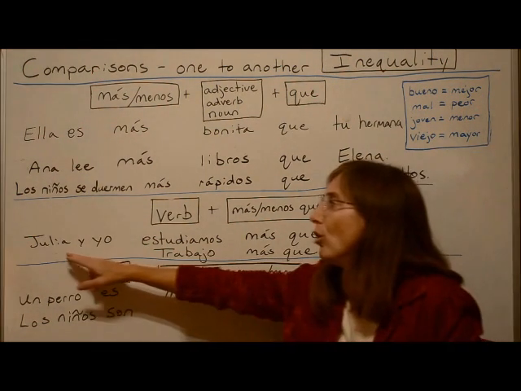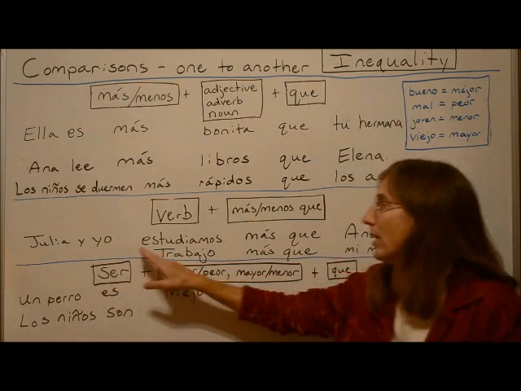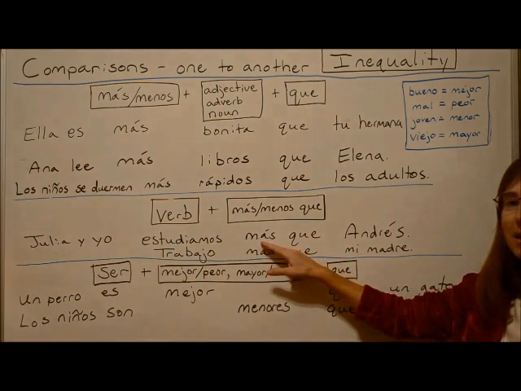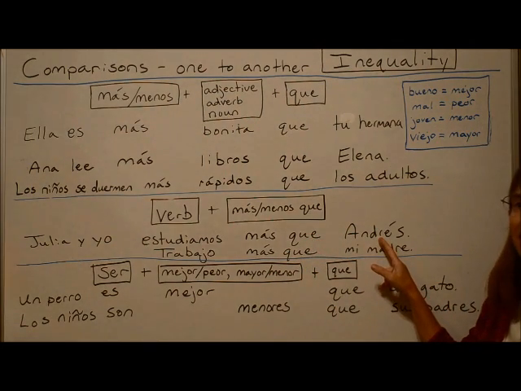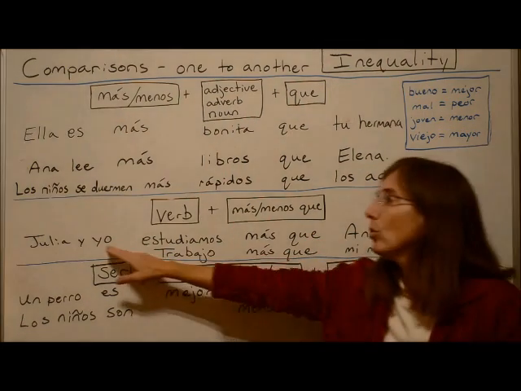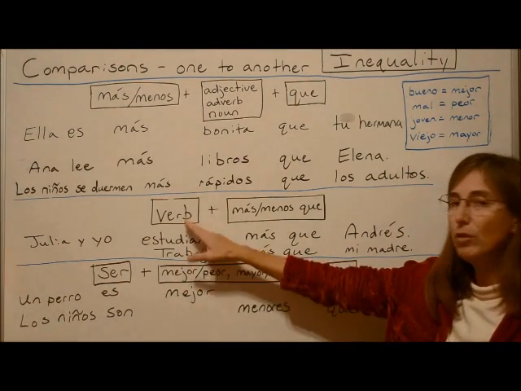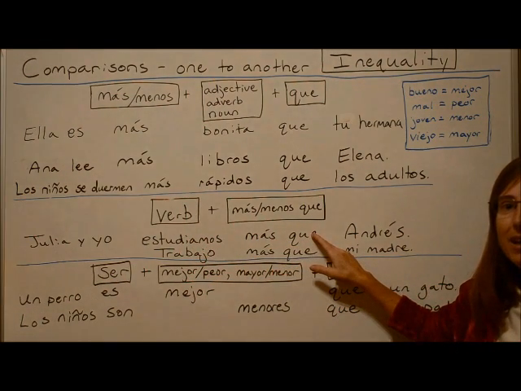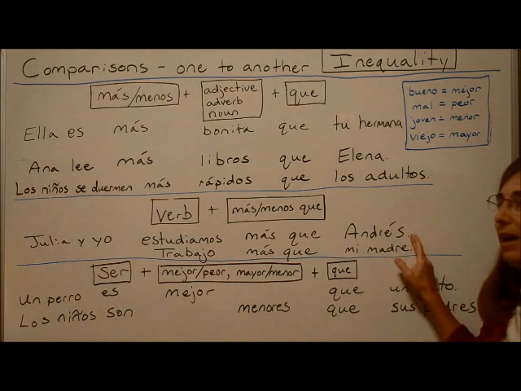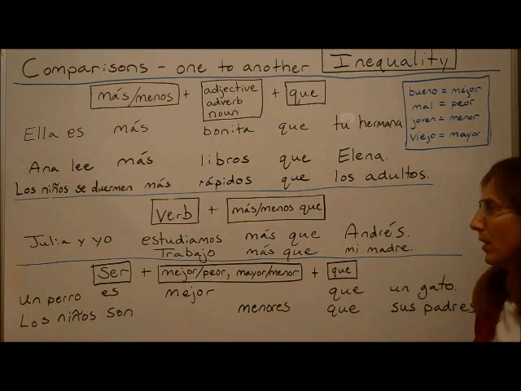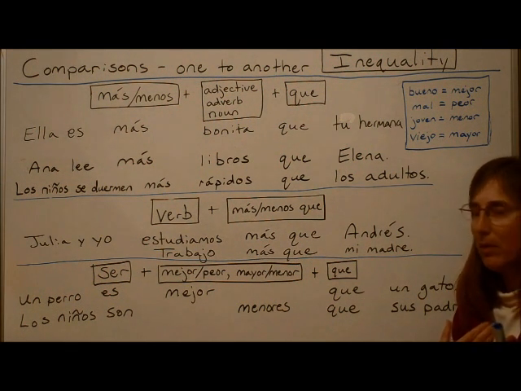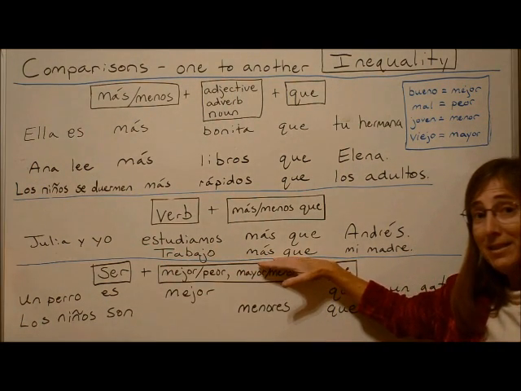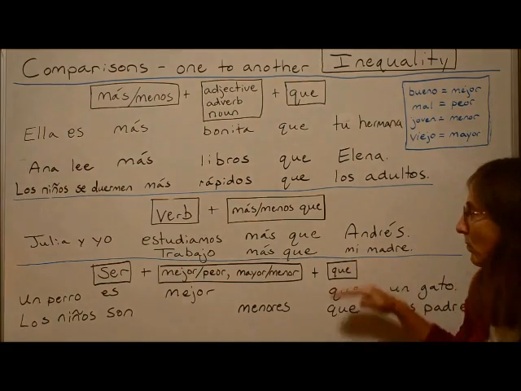So we have to say, Julia y yo estudiamos más que Andrés. Julia y yo, and then our verb, estudiamos más que, more than, Andrés. Let's say I work more than my mother. Trabajo más que mi madre.